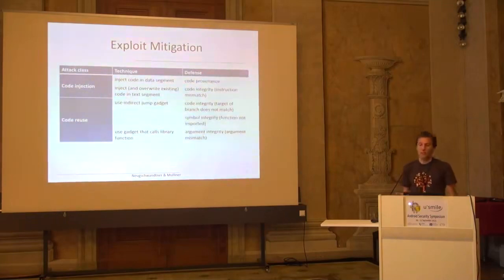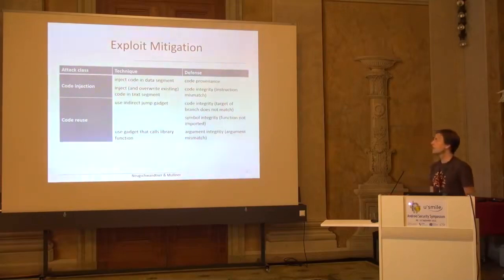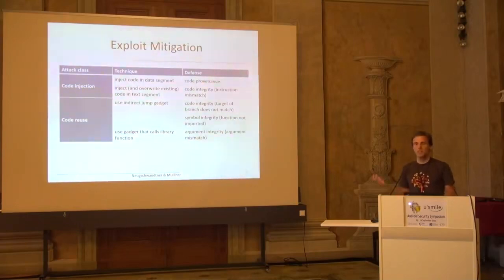So which kind of attacks can we mitigate with these techniques? First of all, there are basic code injection attacks. Say I want to inject code into the data segment, then the defense would be code provenance, because it's in a data segment. Say I put something in the heap, and it's not actually in the binary on the disk.